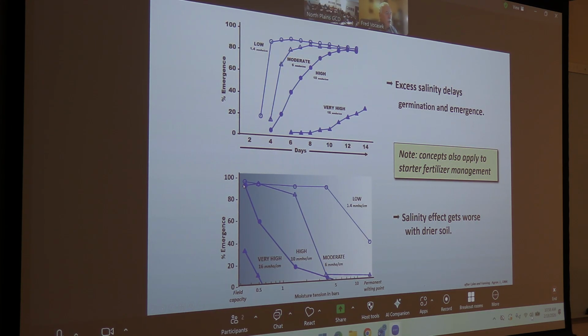When we have good spring conditions, we have decent soil moisture, what we see is just like this. We see where with low salinity, it dries out and we start having problems. But as we add up the rate of starter fertilizer, we start seeing slower and slower emergence and eventually reach a point. So as the soil is drier, we have more problems with the same rate of starter fertilizer.